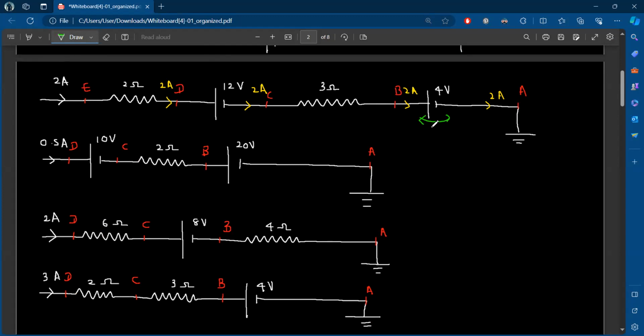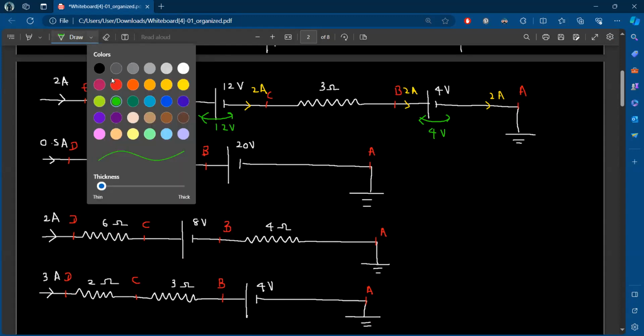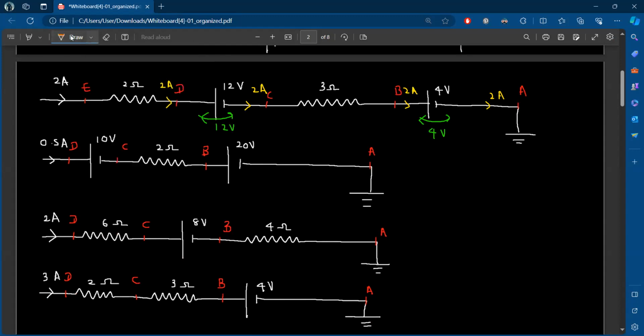Across this it's 4 volts, this is 12 volts. And now I have to mark the voltage difference across the 3 ohms. It's 6 volts. And the next one is 4 volts.